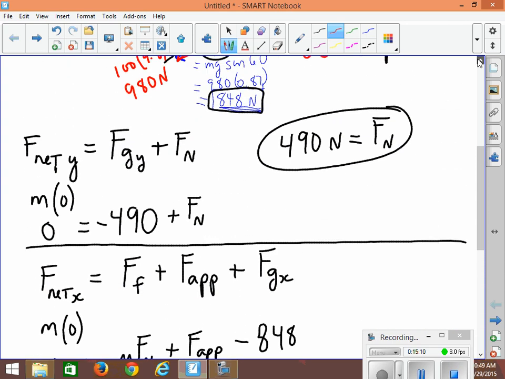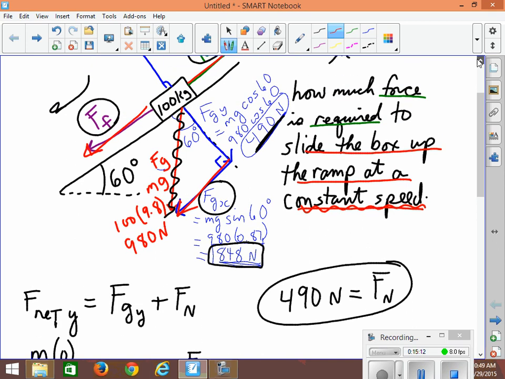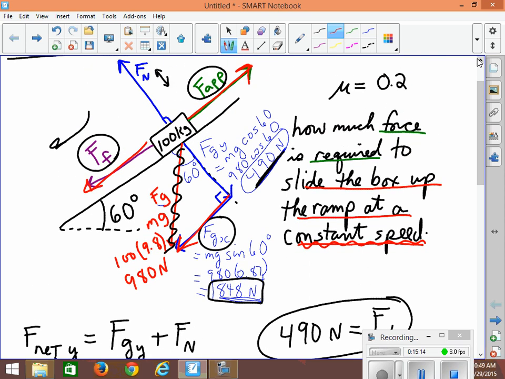If I go back to the picture, I'll show you where the trade-off is. And this picture's pretty messed up, but I think I can show you over here. This is the height of the ramp, and we have lifted up. We would have to apply 980 newtons to lift straight up like this. But instead we used 946-ish, but look how much further we had to push the object.